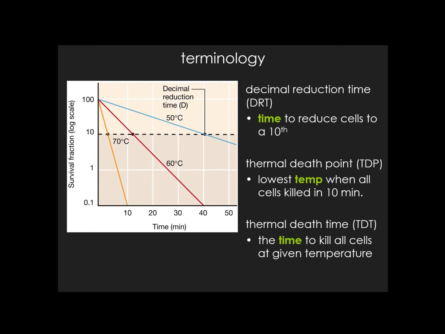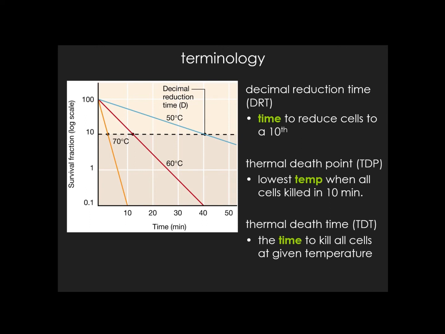We can also look at these data and try to determine the thermal death point. For that, we have to look at the x-axis, find the 10-minute mark, and see if either of these temperatures was able to kill all microorganisms within 10 minutes, and sure enough, 70 degrees is our thermal death point. Notice the thermal death point is expressed as a temperature. The thermal death time is expressed as a time, but it's very important that you include the temperature.